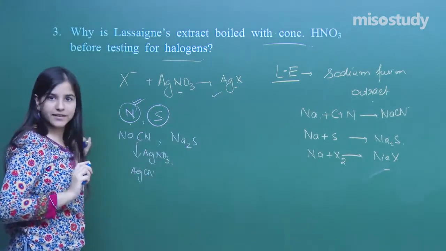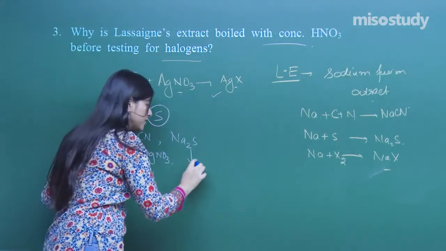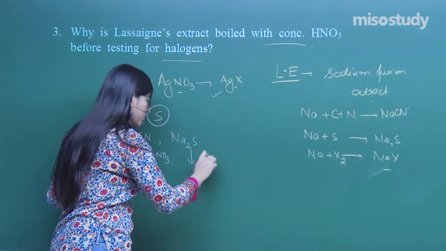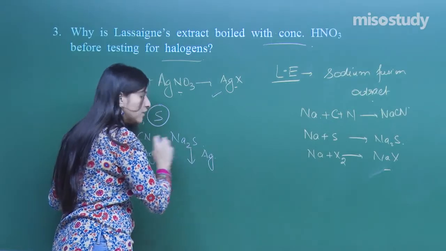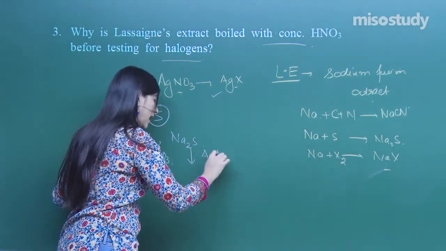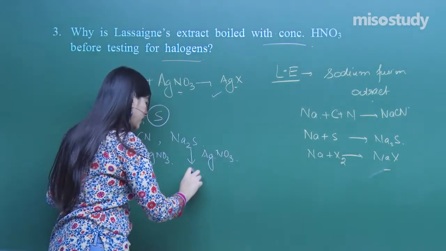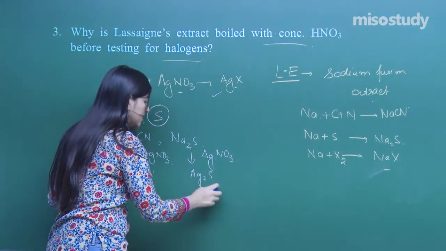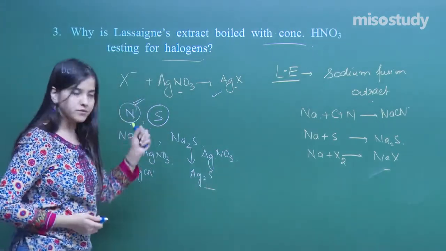I cannot get AgX formed. If there is sulfur, LE would be containing Na2S, and on adding AgNO3 we get Ag2S, a black precipitate.